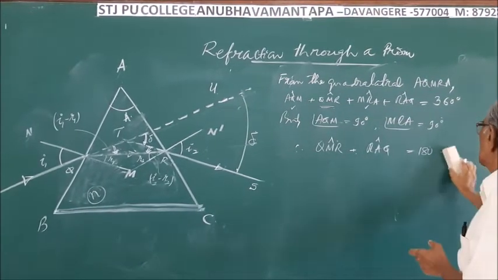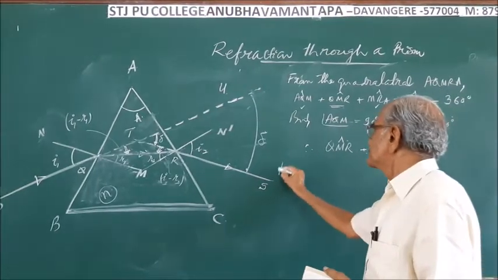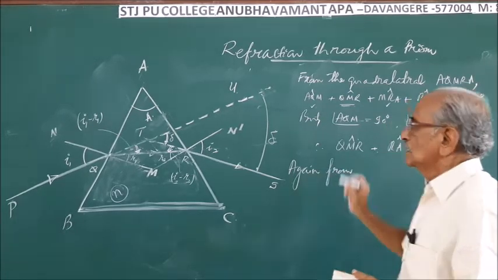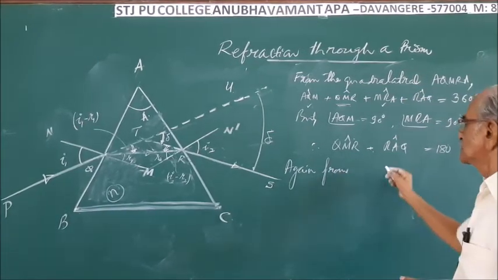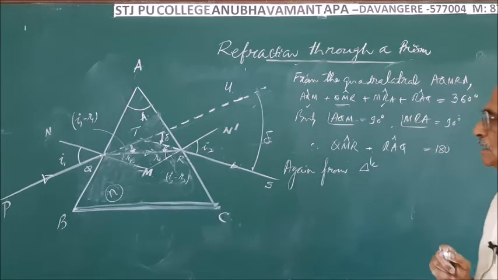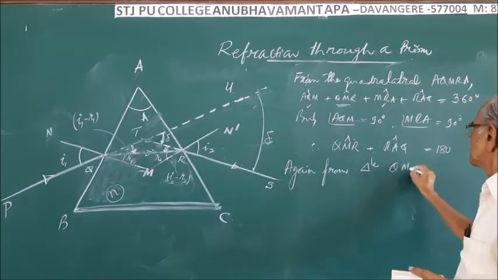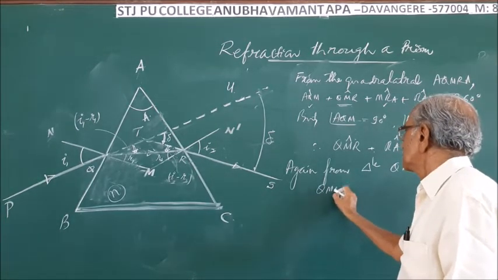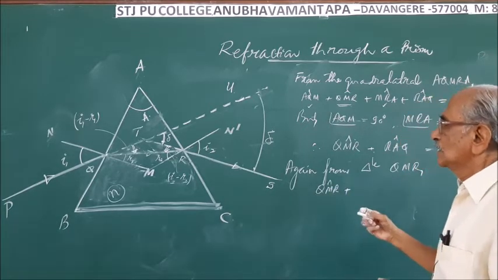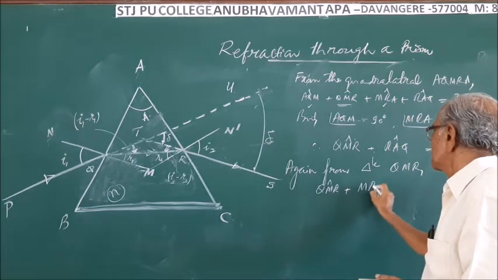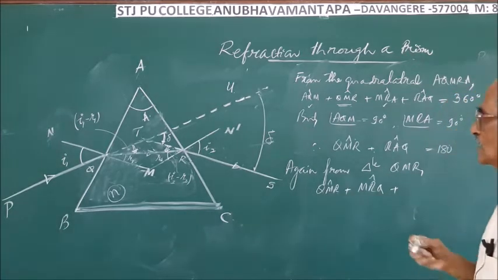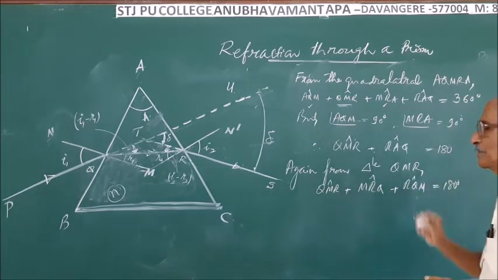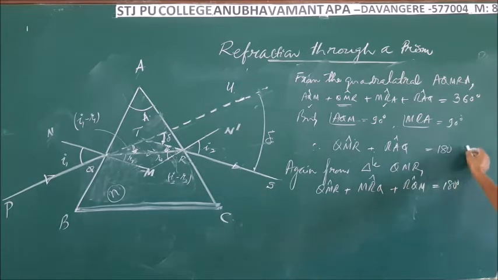Now again, see the triangle QMR. We have angle QMR plus angle MRQ plus angle RQM also make 180 degrees. So you can equate these two.